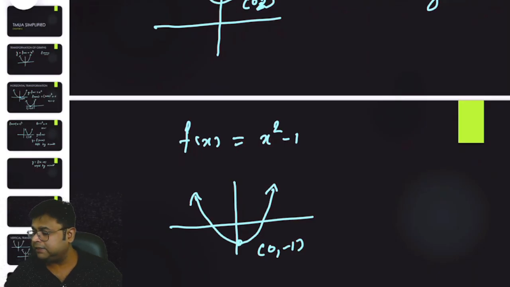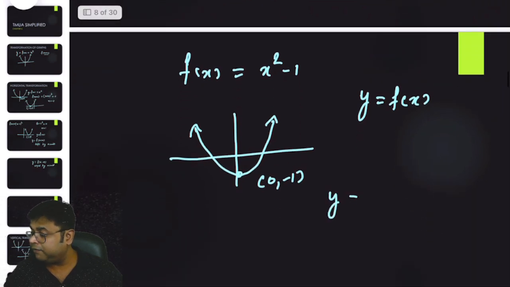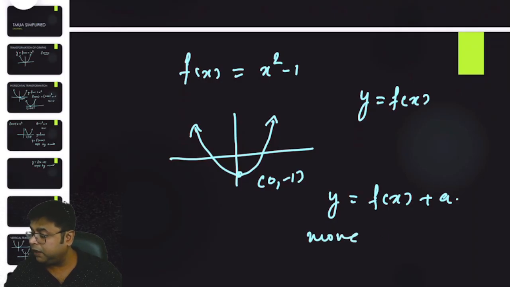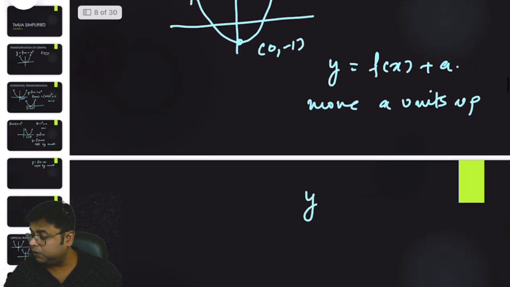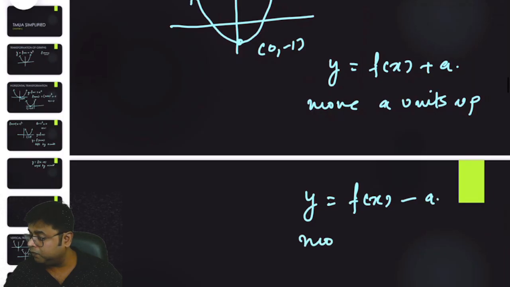So if I generalize, if we have a graph of y = f(x), then y = f(x) + a means the graph will move a units up. And if we have a graph y = f(x) - a, then the graph will move a units down. Shapes will be exactly the same.